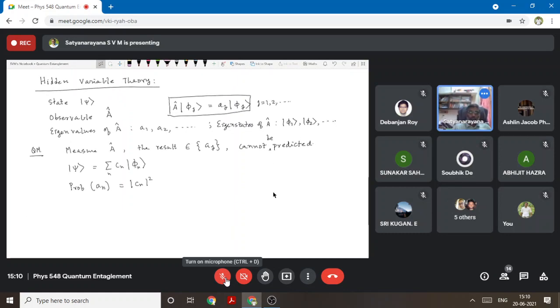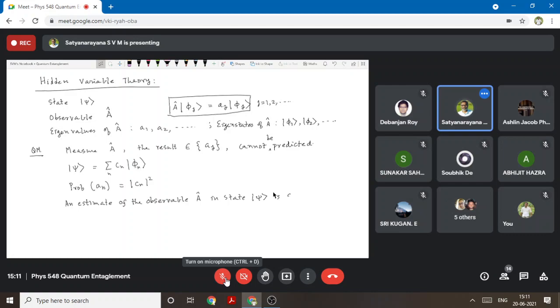Since the results of the measurement of A are going to be randomly one of these eigenvalues, what is an estimate of the observable A in state psi?